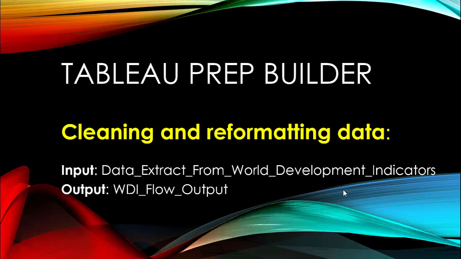I've shown you how to extract the pertinent data that we need for this Gapminder application. So we start with the data extract from WDI as the input file to Tableau Prep Builder, and the output we name as WDI flow output.